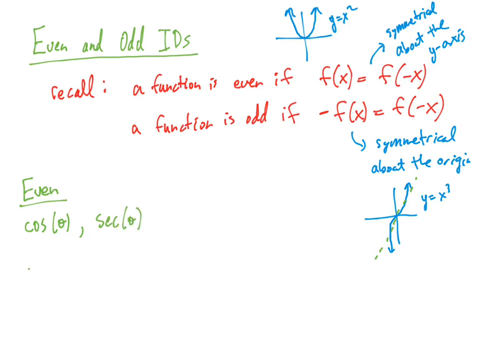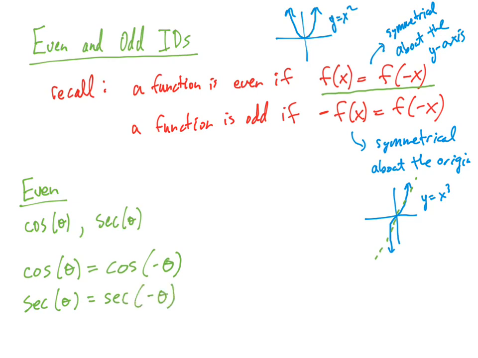Okay, so cosine, if we say cosine of theta, that is equal to cosine of negative theta, just like what we saw up here. Similarly, secant of theta is equal to secant of negative theta. All right, and then the odd functions are the remaining four trig functions. So sine of theta, cosecant of theta, and then tangent and cotangent.